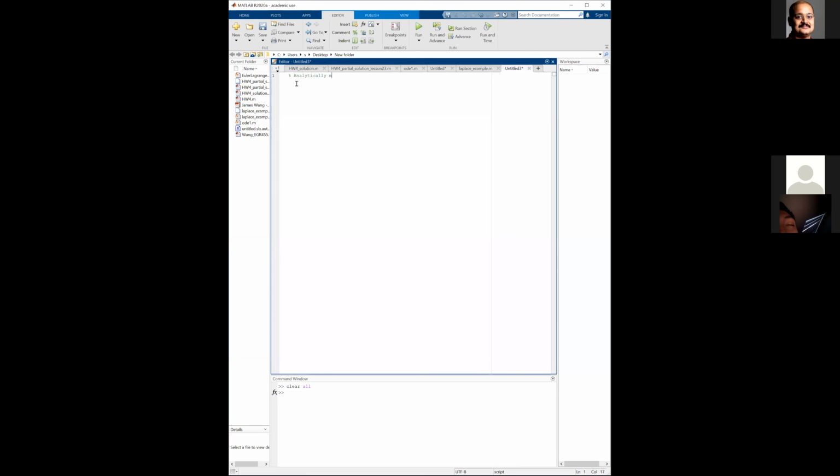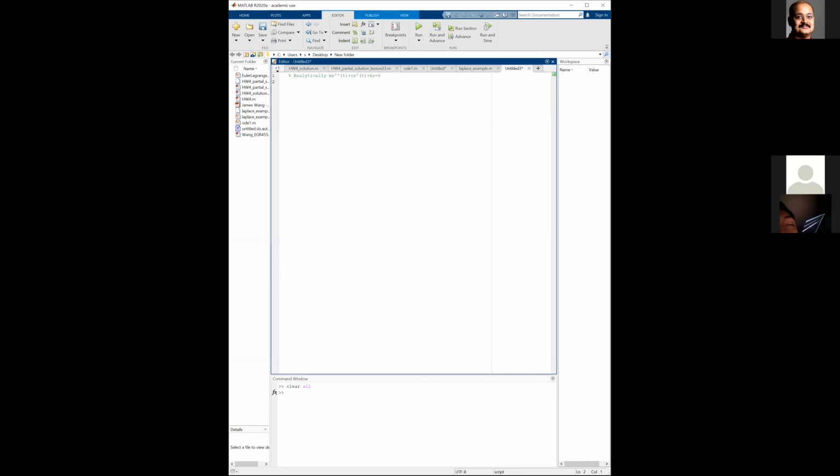The differential equation that we are going to solve is m x double dot plus c x dot plus k x is equal to 0.